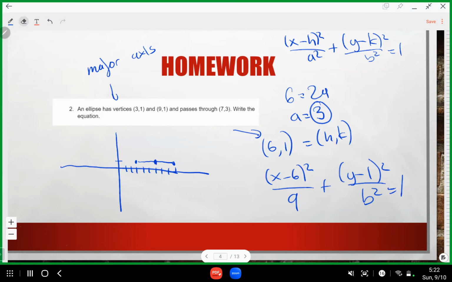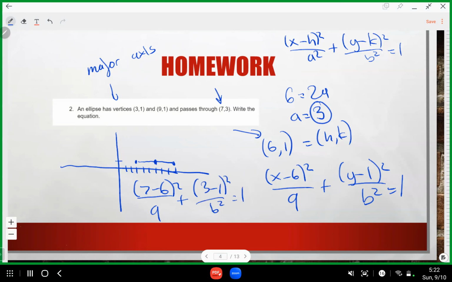By drawing the parabola with (7, 3), and... Right, you're going to use this point. Obviously, you know that this ellipse passes through (7, 3), meaning that it's a point on the ellipse, so it's also a part of this equation. So you can substitute x and y for 7 and 3. You have (7 minus 6) squared over 9 plus (3 minus 1) squared over b squared is equal to 1.